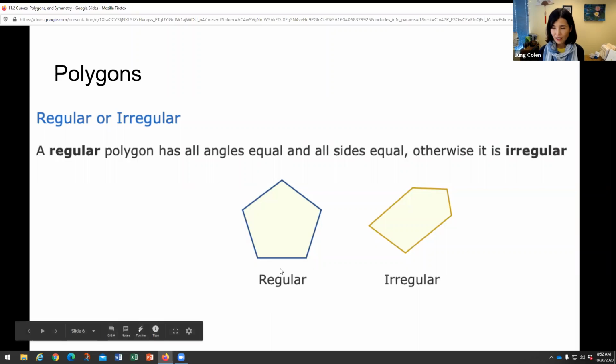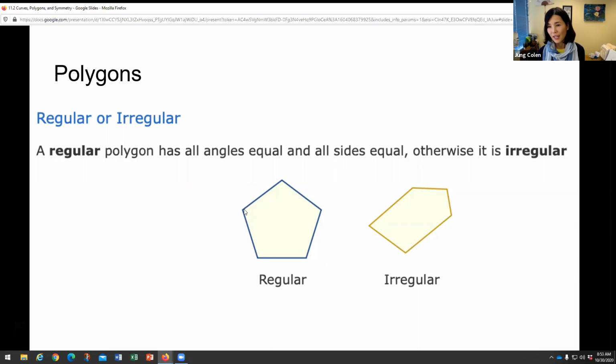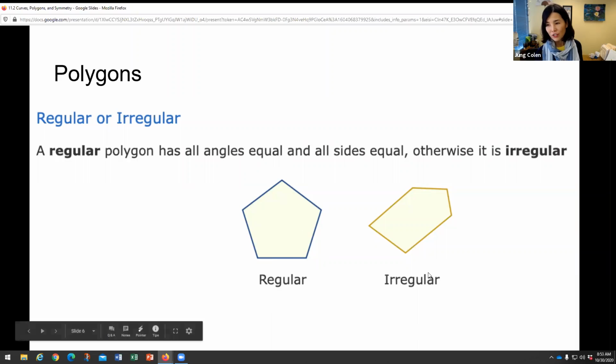So a regular polygon is a polygon, with straight lines and closed, and it has the same length for all edges and the same interior angles. For an irregular polygon, at least one of the angles or one of the sides is different from the others.